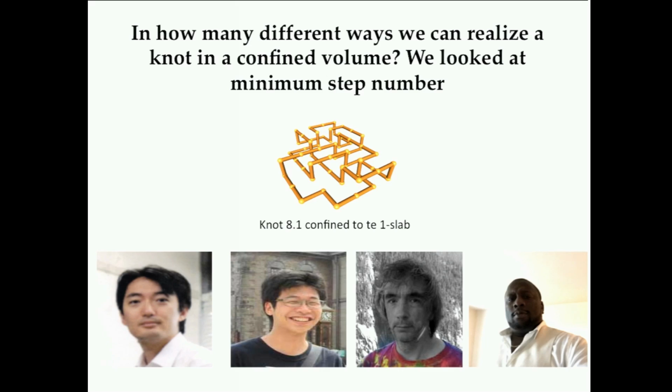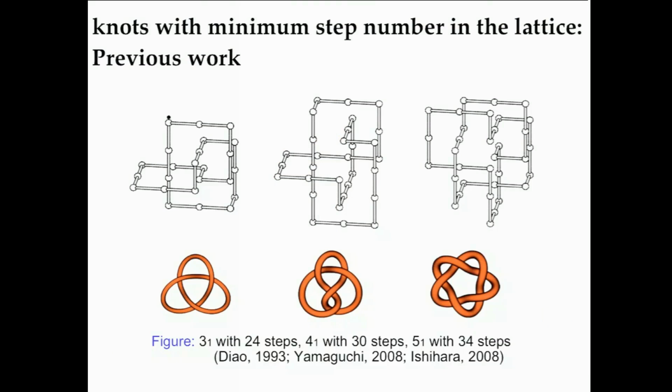And this has triggered a line of research that basically tries to enumerate the number and the type of conformations that you can obtain for a given knot and minimal step number. So these studies were already pioneered by Diao in the 90s.